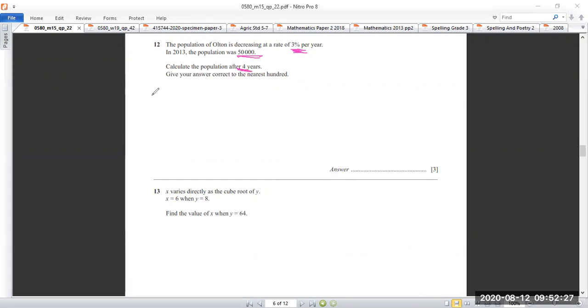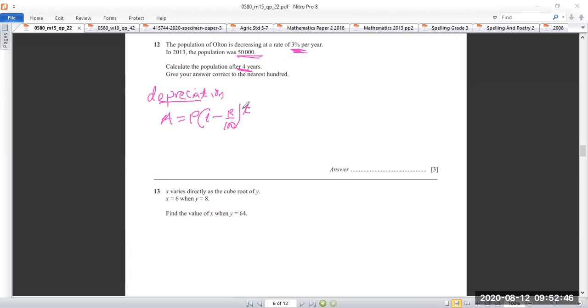So we are looking at depreciation. To get the amount for depreciation, we use the compound interest formula, but with a negative sign there.